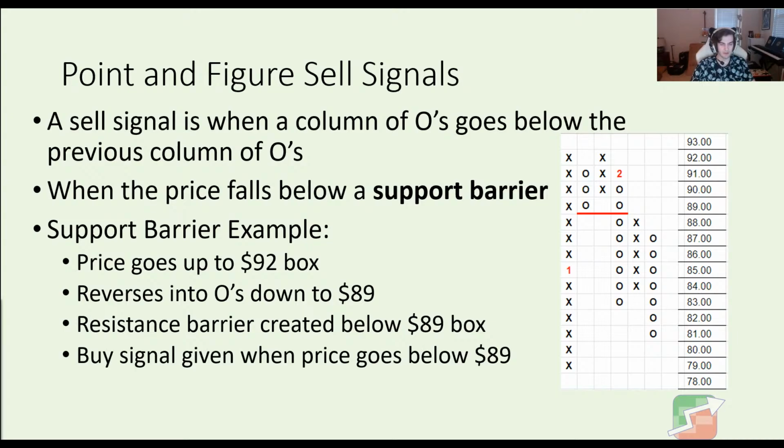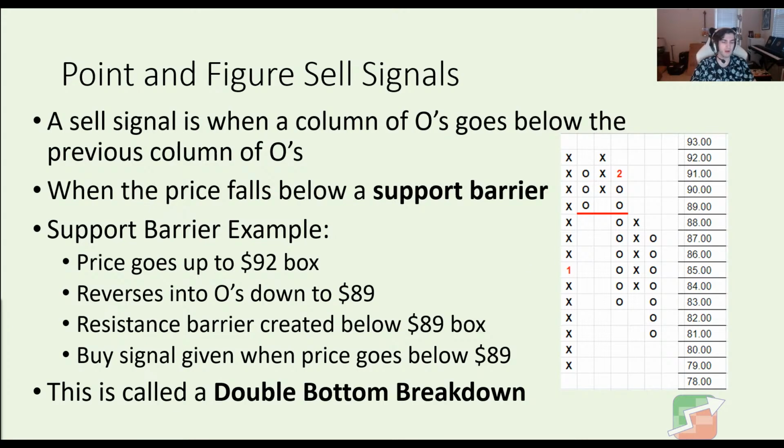And I apologize, this should say sell signal is given when the price goes below $89. So we see in the column that starts with a 2, the price goes down, hits the $88 box, which triggers our double bottom breakdown, which would be a point and figure sell signal.